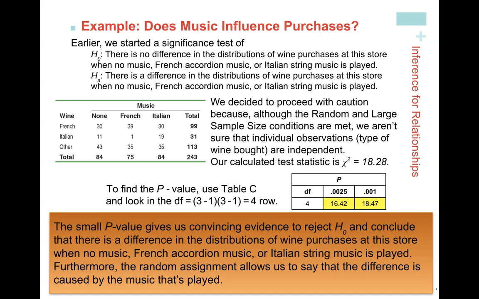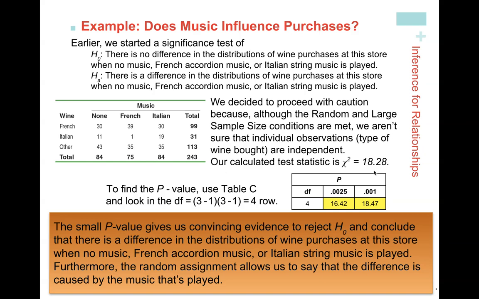Remember, the larger chi-square gets, the more evidence we have against the null hypothesis. And in this case, the null hypothesis is a statement of no difference, or of homogeneity. It's completely homogeneous. There's homogeneity between all the different types of wine being purchased, regardless of the type of music, right?